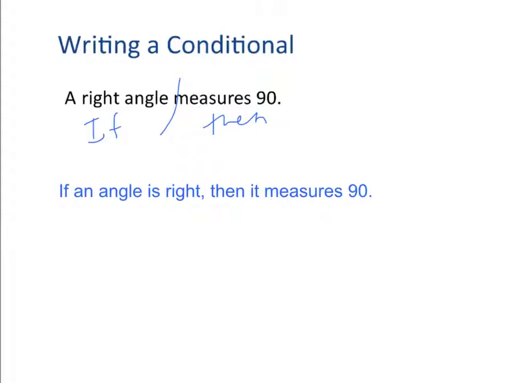When I write my sentences, I can't just say if right angle. That doesn't make sense. So I have to describe what I'm talking about. If an angle is right, then it measures 90 degrees. That is grammatically correct, and it makes sense.